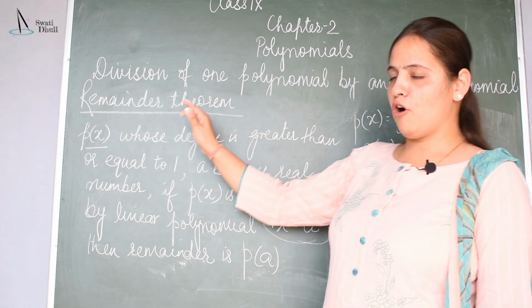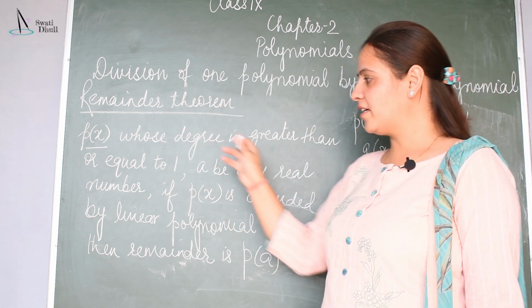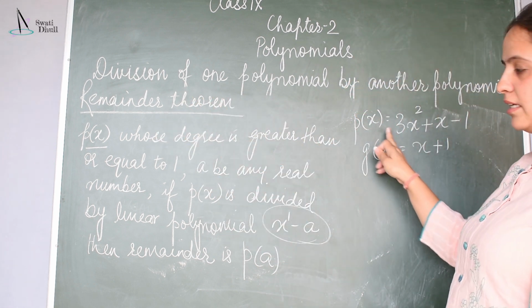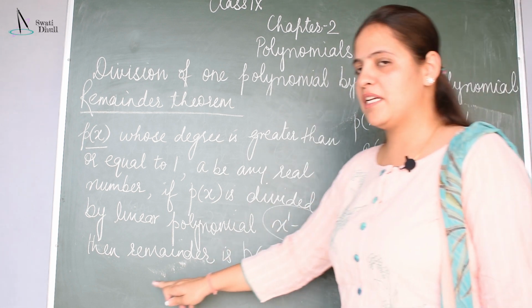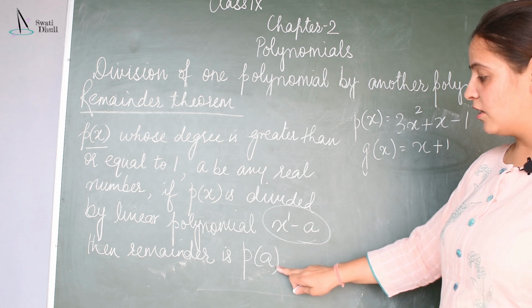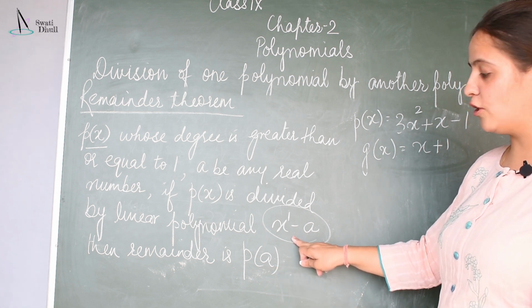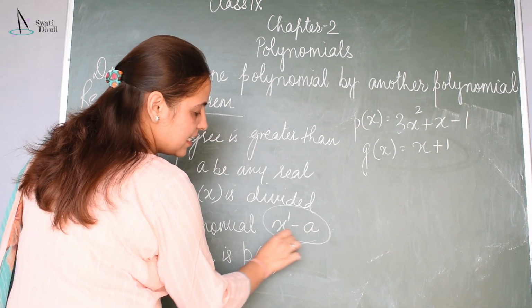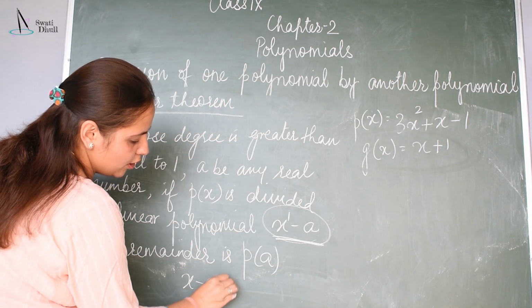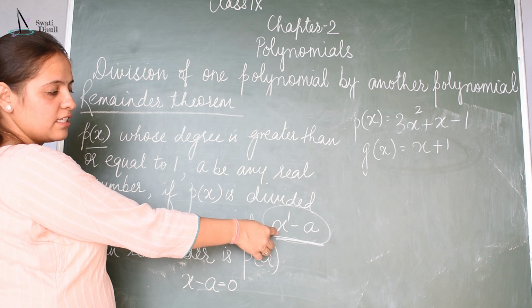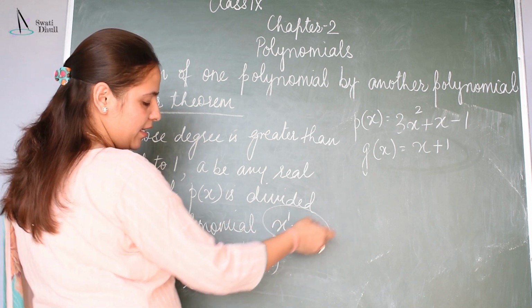Now if I follow this remainder theorem, it is saying that if this polynomial is divided by any linear polynomial, then the remainder is p of a. So how do you get p of a? When you find the zero of this linear polynomial, x minus a is equal to 0. When you need to find the zero of this polynomial, you need to equate it to 0.